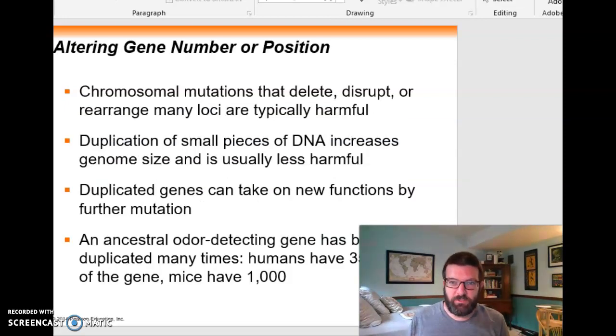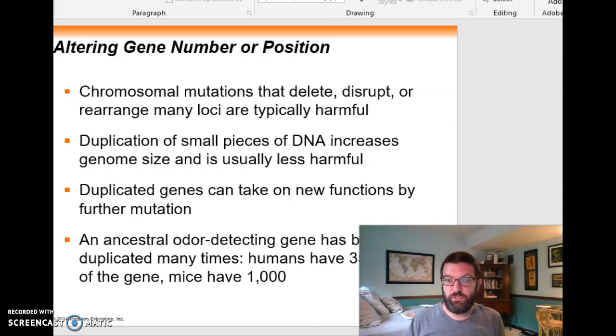Typically, deleting a bunch of DNA is harmful, or disrupting, meaning if you have a jumping gene that lands in the middle of another gene, that can be harmful. Duplication of DNA isn't necessarily harmful because you're not necessarily eliminating the function of another gene. You're just adding new DNA that may or may not do something else.